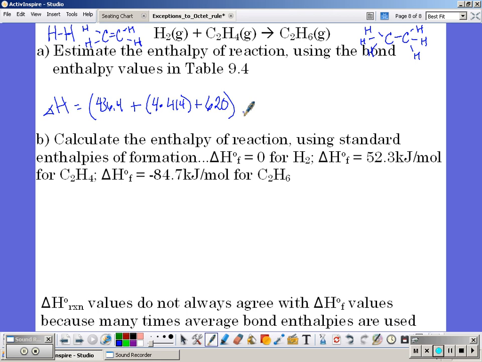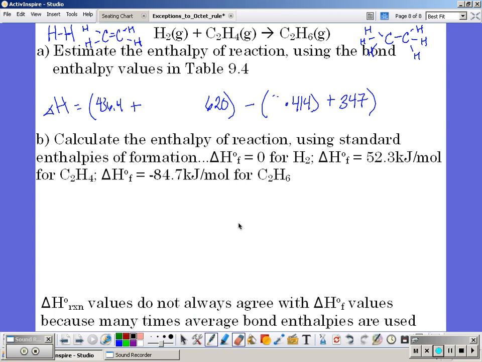Now for products, I have 6 carbon-hydrogen bonds, plus I have a carbon single bond, so that's 347. Because I had hydrogen-carbon bonds on both sides, these 4 here would cancel 2 of the 6 on this side. So I could actually shortcut a little bit and change my math.